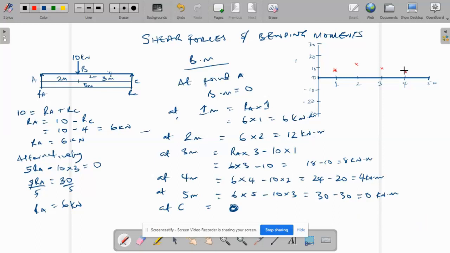At 5, we have 0. Remember at A, the first point, we had 0 also. So all we need to do is to join it.